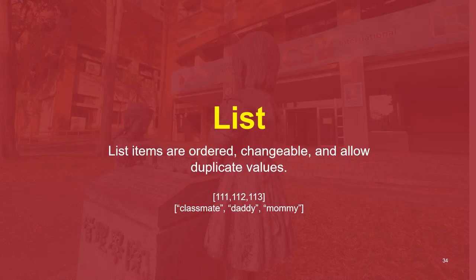When we want to change it, we can change it. For example, maybe I want to change 111 to 115, so I can change it. And maybe I want to delete 112, that is also allowed. And if today I want to add another list item, that is also okay. So that is the list.